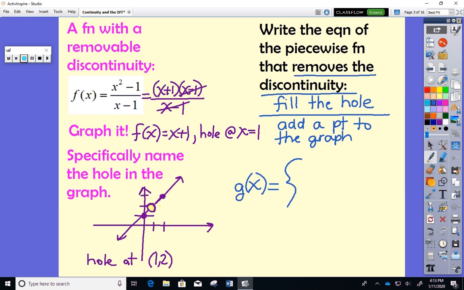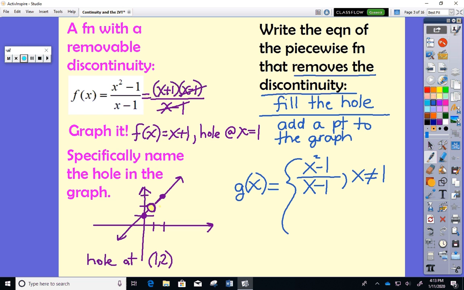So all I have to do is take the equation that you had for f(x), and that's a great equation everywhere except at x equals 1. So say everywhere except at x equals 1. x does not equal 1.